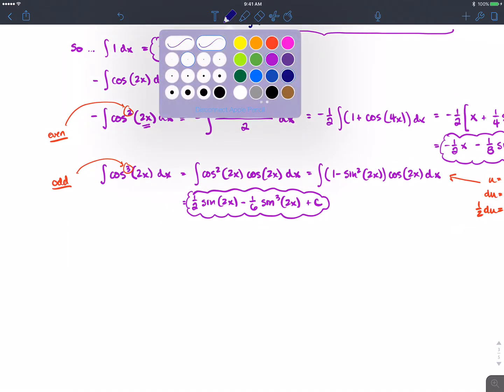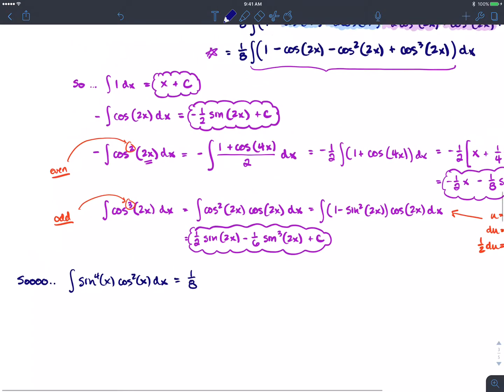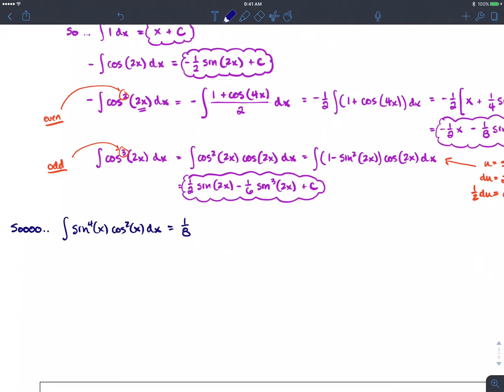So we now have, remember we started off with the integral of sine to the power of 4x cosine squared x dx, way back when we started this problem. And this is going to be, so we've got that 1/8 from the start up there, times, now we're just going to lump all these terms in together.